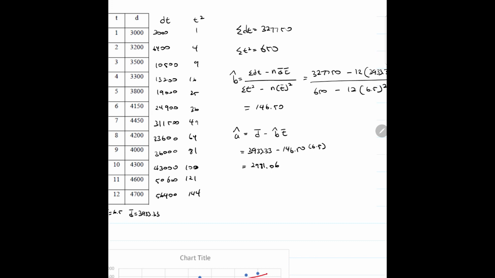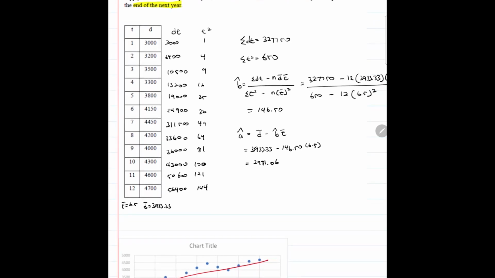Now we have everything. We can calculate the next year. Oh, actually this is by the month, just noticed. So end of next year, which will be the D24, not 13. So we're not gonna calculate the 13. We'll be calculating 24th.